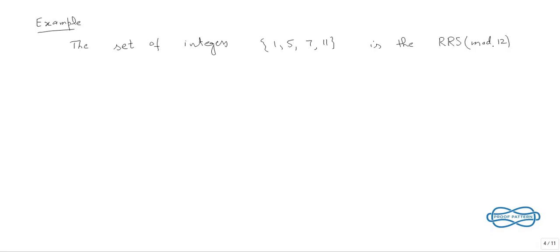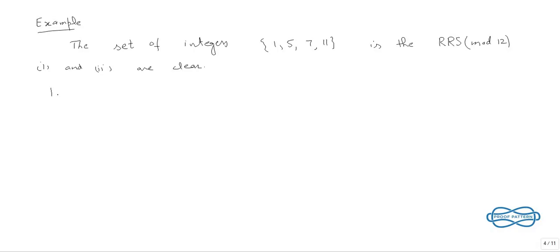We can see clearly that 1, 5, 7 and 11 are all relatively prime to 12, and also they are not congruent to each other modulo 12. So conditions 1 and 2 are clear. Now we have to check the third one.